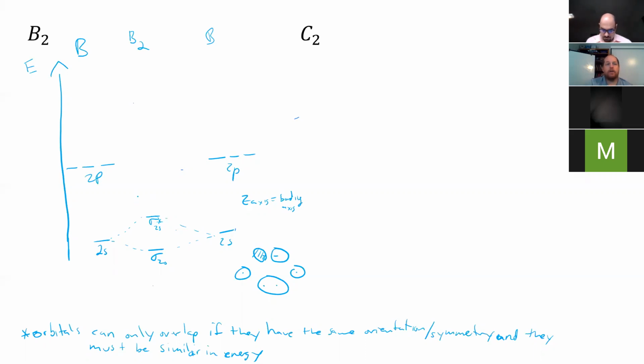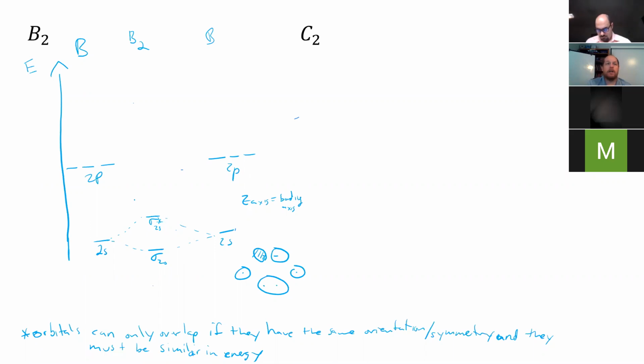In the case of the overlap coming from p orbitals, the overlap would be side to side for the px and py orbitals, because they're going to form pi bonds. And the pz orbitals are oriented along that bonding axis, so they would be overlapping in such a way as to be pointing at each other, and so they're going to give you sigma bonds.